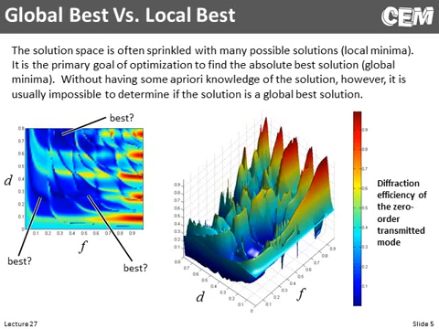In order for you to say something like that, you have to know something about your device, the design, and the solution space. And chances are, if you know that, you probably don't need to do some kind of random optimization. So I would say it's actually impossible to say that you have converged to a global best solution. However, if you're an engineer and not a scientist, as long as your solution is good enough, we're done.